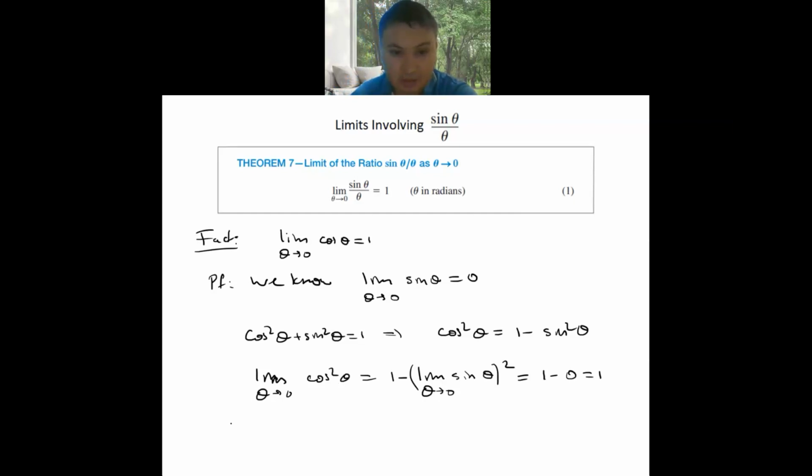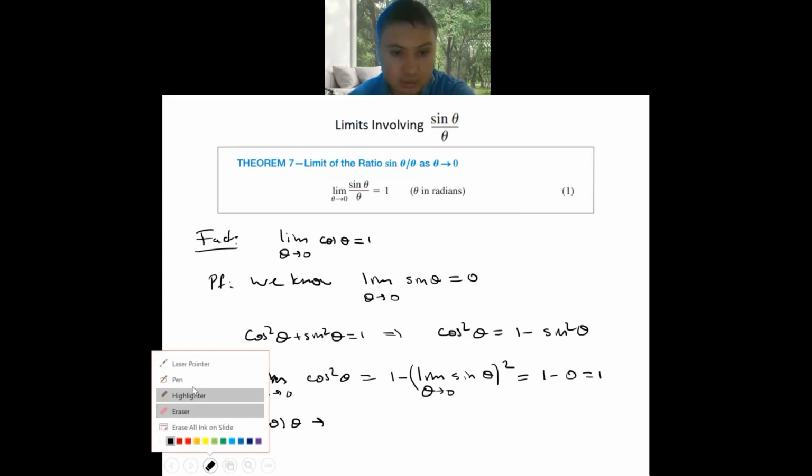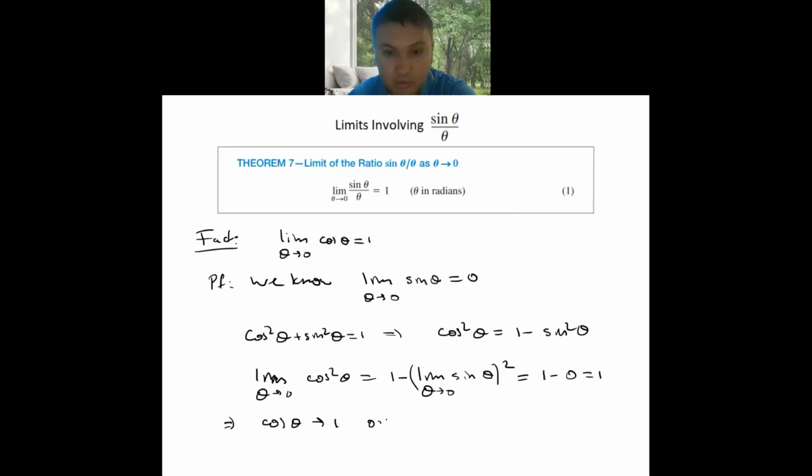So it means cosine theta goes to, wait, sorry, cosine theta goes to 1, or cosine theta goes to minus 1, right? Because cosine square of something goes to 1 means itself needs to go to 1 or minus 1.